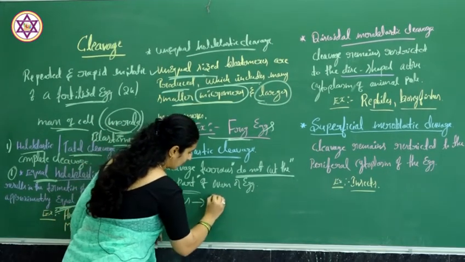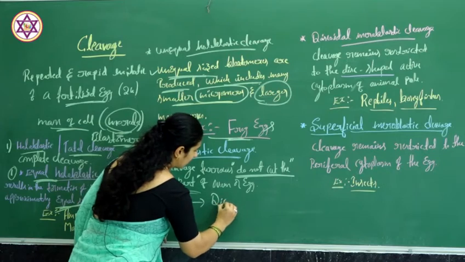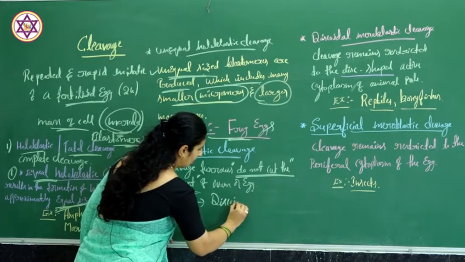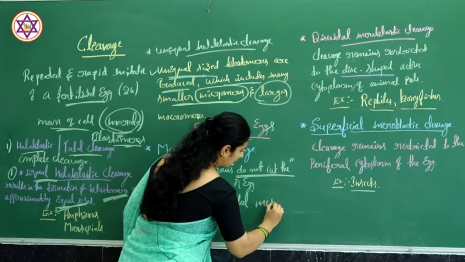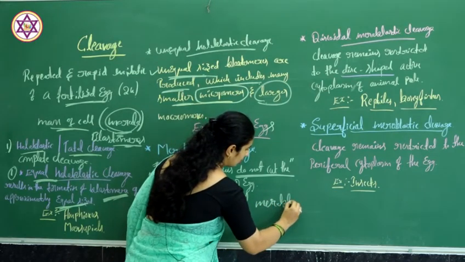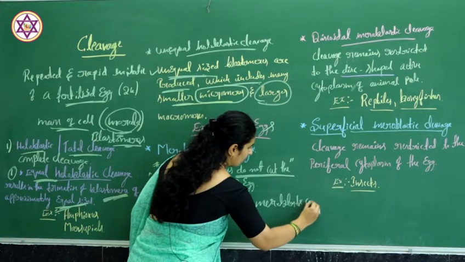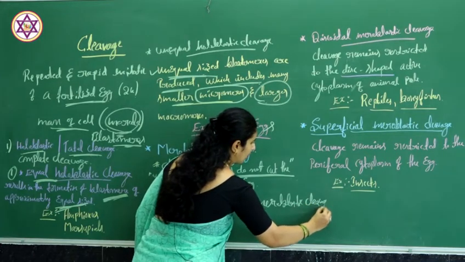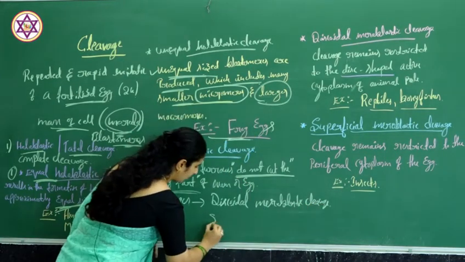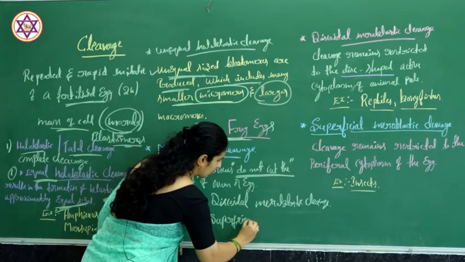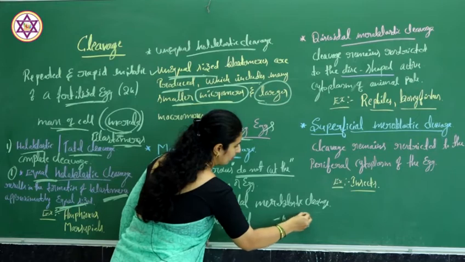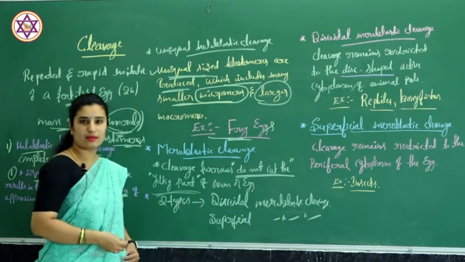One is discoidal meroblastic cleavage, and the other one is superficial meroblastic cleavage.